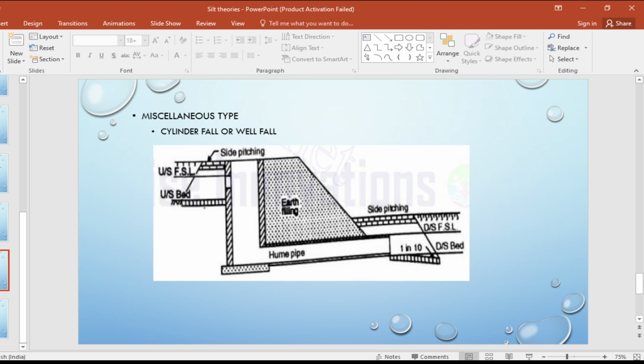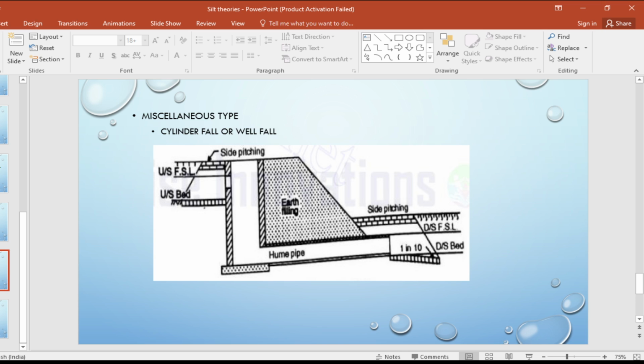Here water is thrown onto a well, and it escapes near the bottom, so that it is called a well fall or cylinder fall. The energy is dissipated in the well in turbulence.